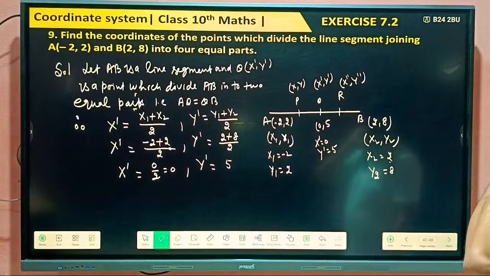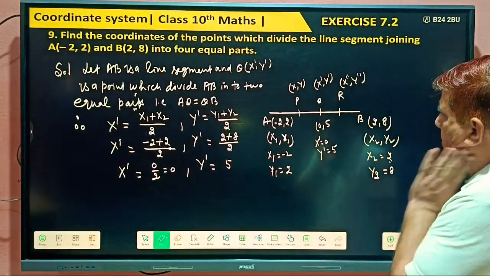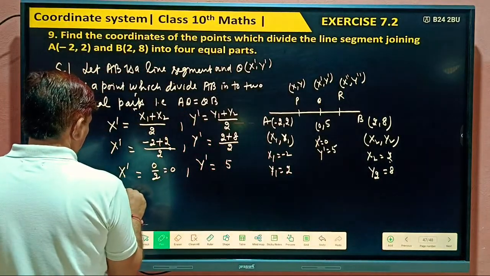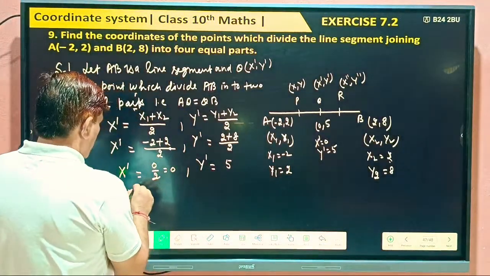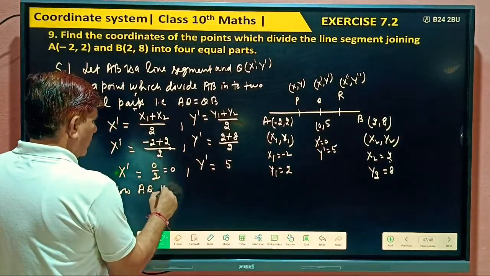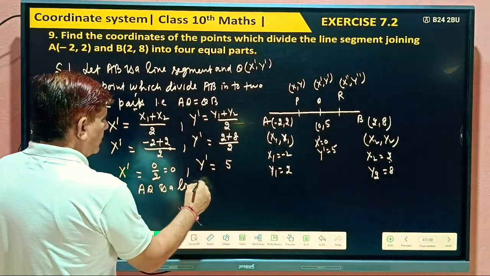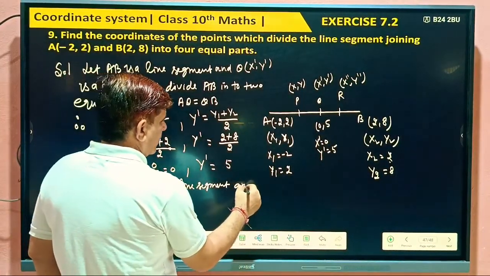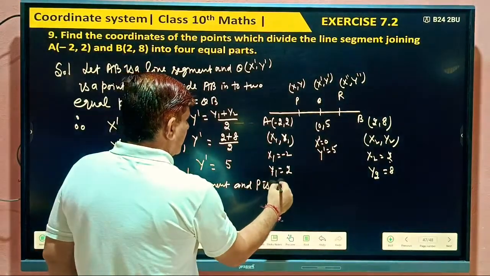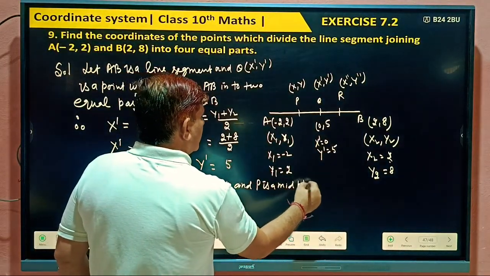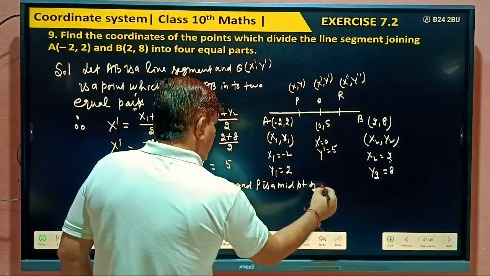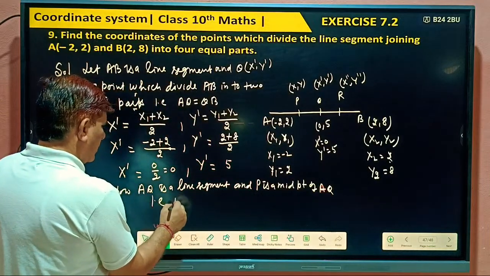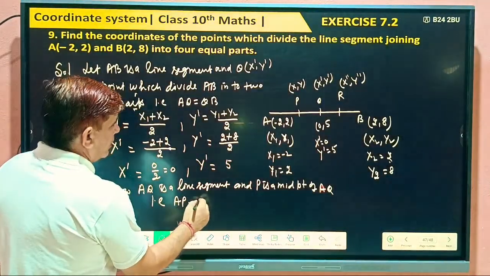Understood? Now here I can write: AQ is a line segment and P is the midpoint of AQ. That is, AP equal to PQ.